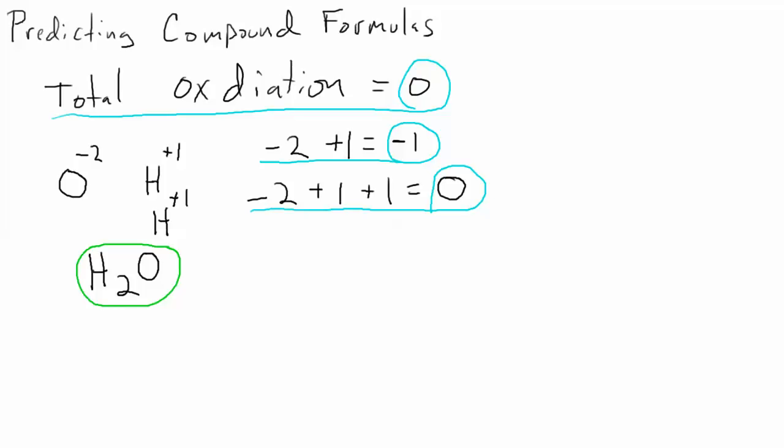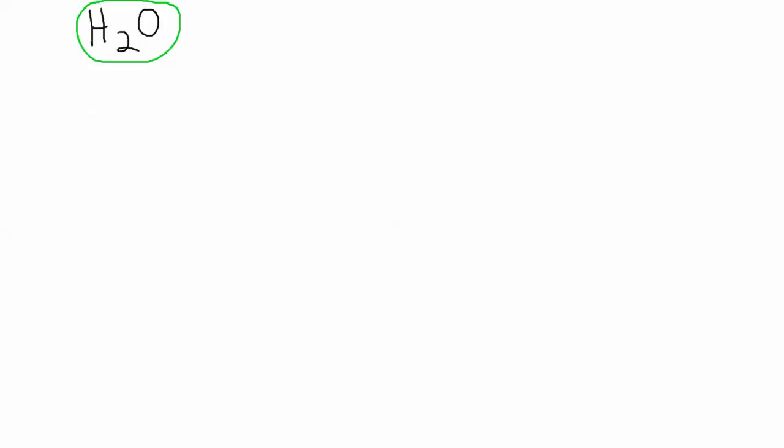So now that we have the basic idea explained, let's look at a few more examples in a little bit more rapid succession here. Let's say that instead of hydrogen and oxygen, we had carbon and oxygen. Now carbon can be +4 or -4, but oxygen is -2.